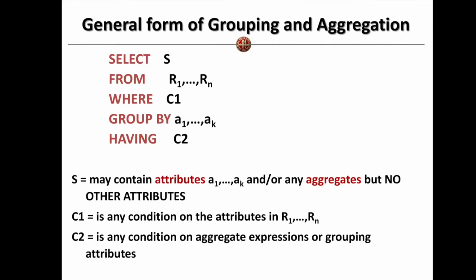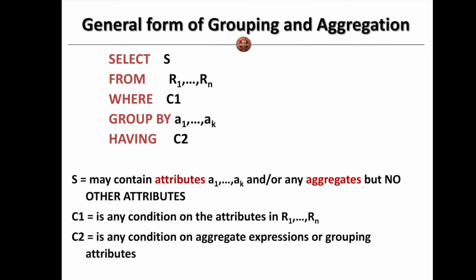So by combining everything together, we can show you the template for the SQL queries as shown in this page. Normally when we write queries, the template we can have is like this. We have select some desired attributes S from some relations R1 to Rn, where some condition C1, group by some attributes A1 to AK, having some condition C2.